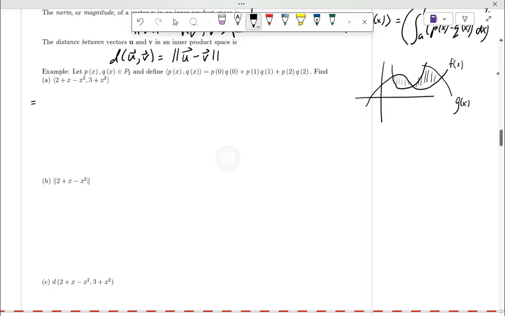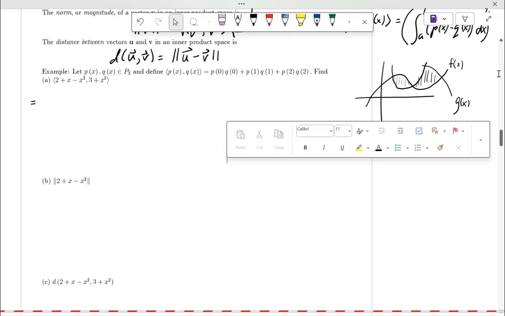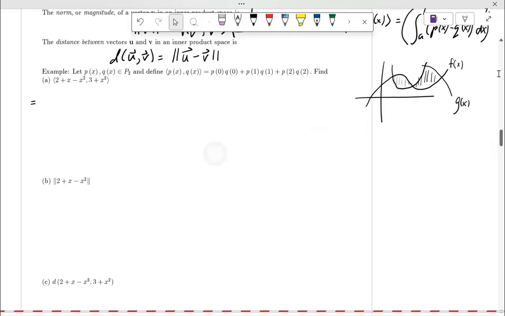So in this particular case, I want to do P of 0, Q of 0. So I'll plug 0 into the first one, plug 0 into the second one. What do you get when you plug 0 into the first one? 2. What do you get when you plug 0 into the second one? 3. Good. So that's the first product. That's this piece. What do you get when you plug in 1 into the first one? You get 1 minus 1 in that second part, don't you?